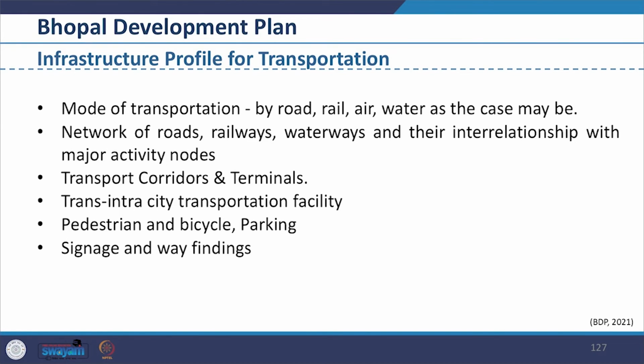The guideline suggests that the infrastructure profile for transportation should cover the following aspects: mode of transportation by road, rail, air, water as the case may be, network of roads, railways, waterways and so on, transportation corridors and terminals, intra-city transportation, transportation facilities, pedestrian and bicycle parking, signage and wayfinding. So, all these should be considered under the development plan.